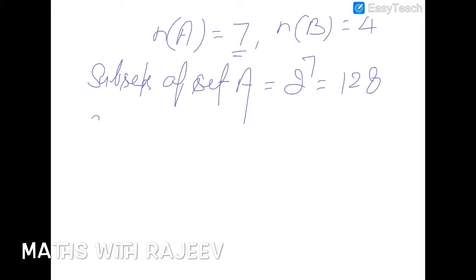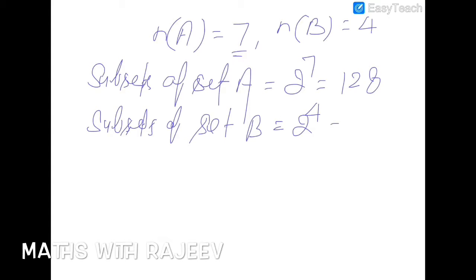Now again, the number of subsets of set B is equal to 2 power 4, and this is equal to 16. Now what will be their difference?